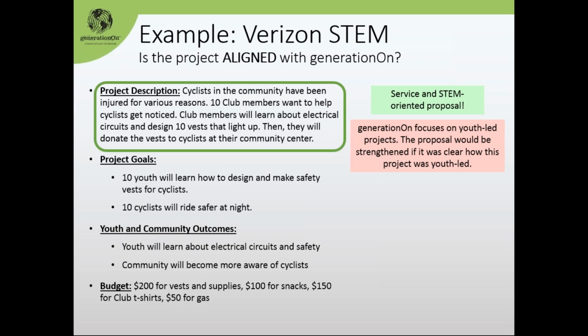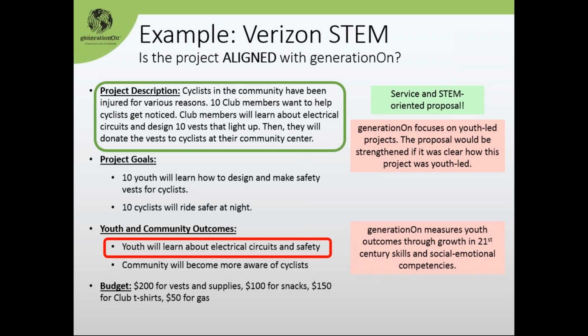Great. On the other hand, if you look at Generation On's mission and vision, you'll see that we are focused on youth-led service initiatives. So one way to have improved the project description and the proposal overall is to be really clear about how this project could have been youth-led. Because right now it doesn't really say what the youth are taking ownership of and what the organizer or the grant writer is taking ownership of.